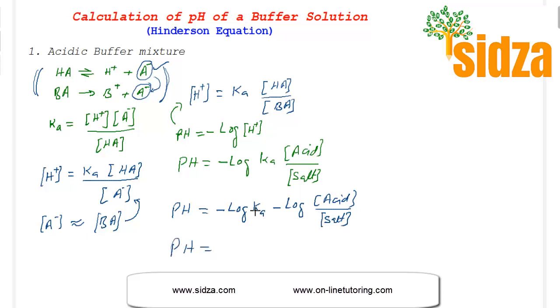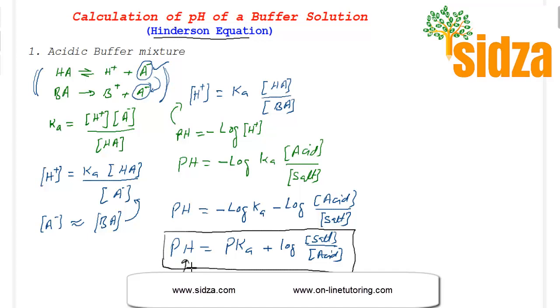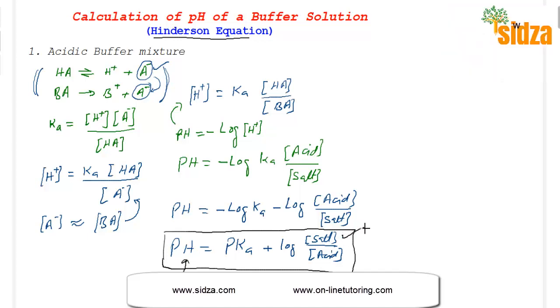Minus log of K is pK, and minus log of the concentration of acid by salt, I can write as plus log of concentration of salt by acid. Now this equation is called the Henderson equation, which helps you to determine the pH of a buffer solution. So you can find the pH of a buffer solution from the concentration of the salt and its acid.